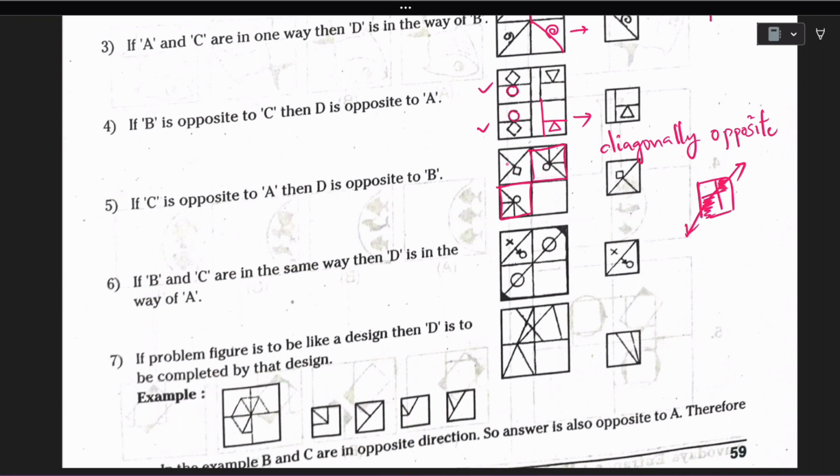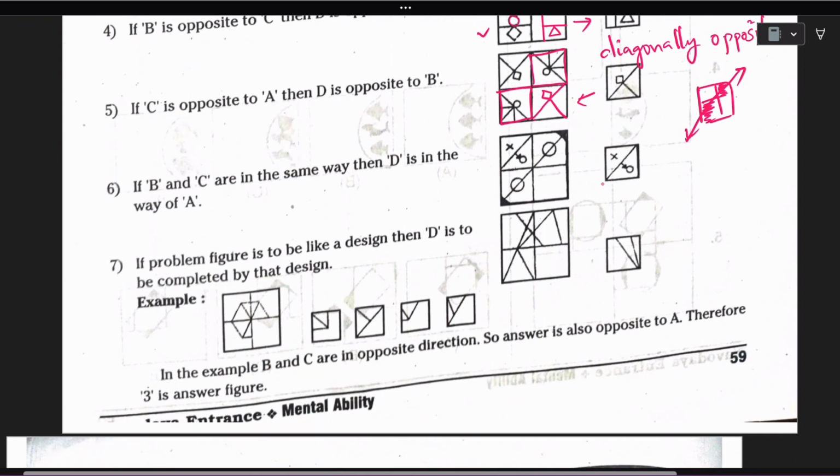So we need to follow the top left figure, and so that the line can be drawn like this, and then inside there is a rhombus, and then we have to draw the line like this. So this can be seen in the answer figure also. And the next model is like, here also these figures are diagonally same, right?